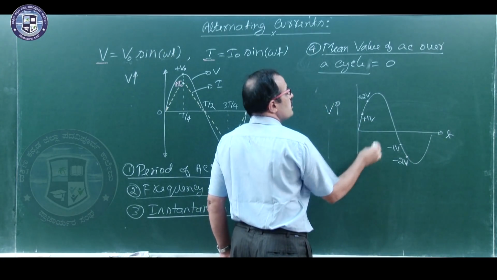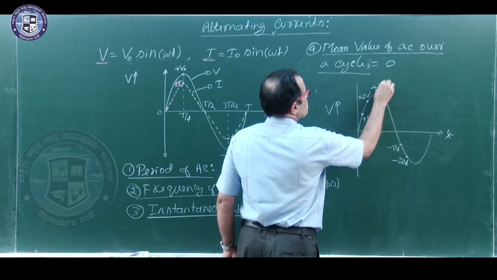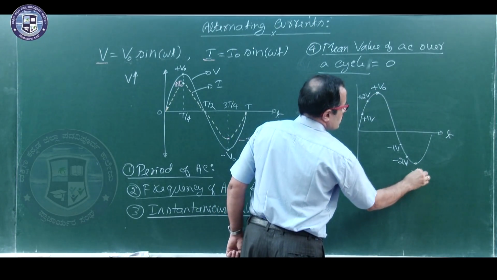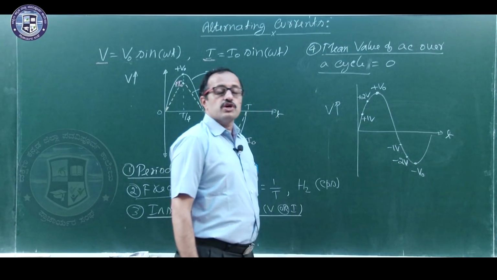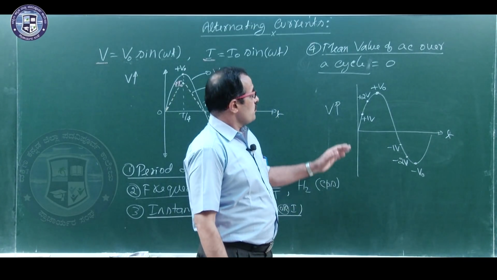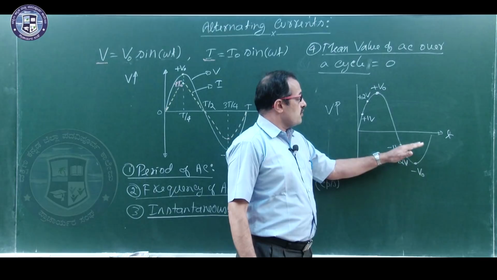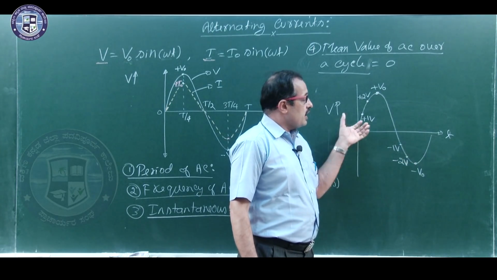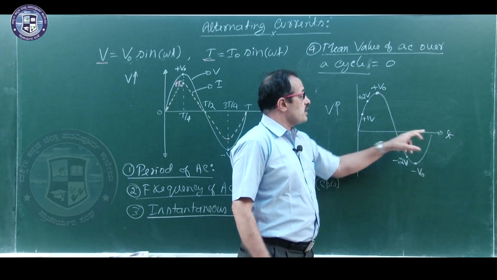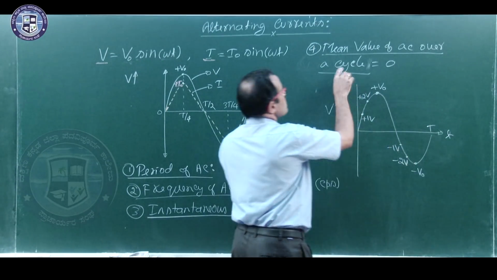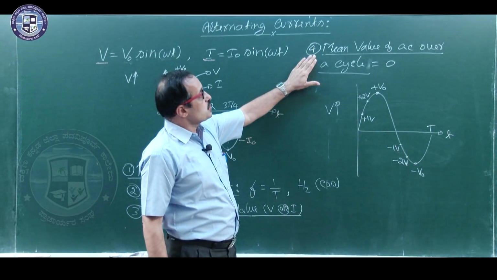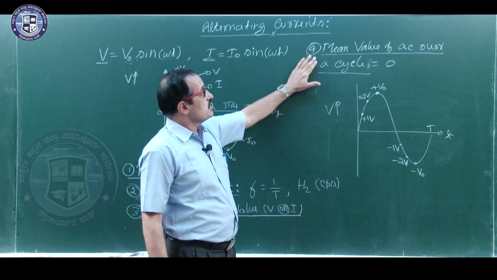When you add, it is 0. Plus V naught, here it is minus V naught, again the answer is 0. Therefore, for every positive value we have a corresponding negative value, and whenever we add them over the complete cycle, the answer is 0. It is a 1 mark question in the annual exam.